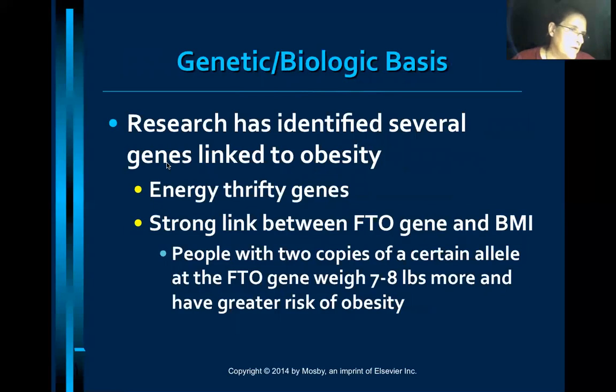A number of genes have been identified as being linked to obesity. This talks about a strong link between the FTO gene and the BMI. The FTO is the fat mass and obesity associated gene. People with 2 copies of a certain allele at the FTO gene weigh 7 to 8 pounds more and have a greater risk of obesity.